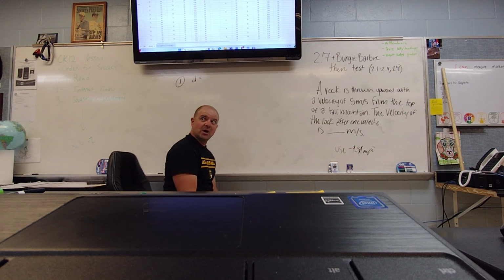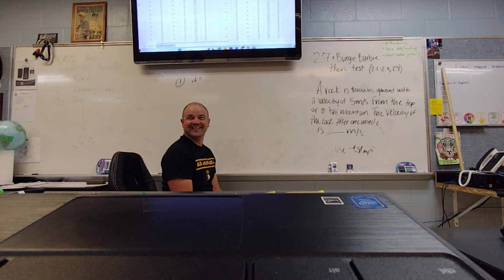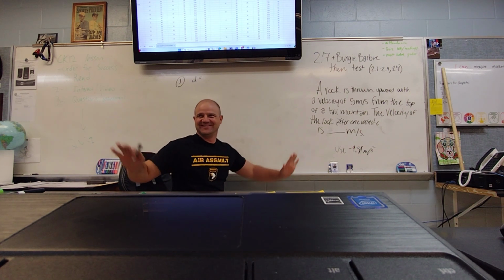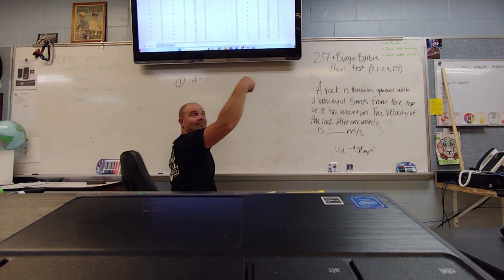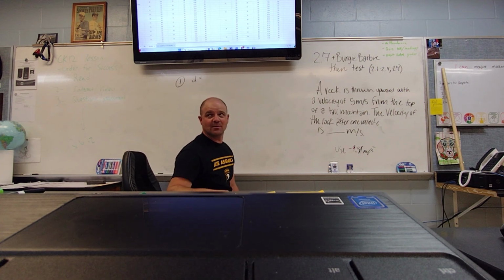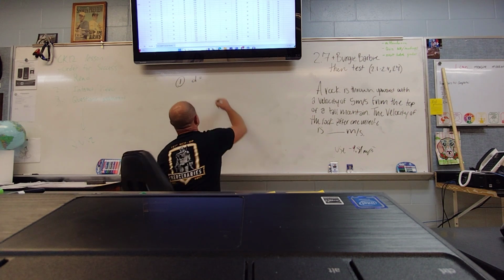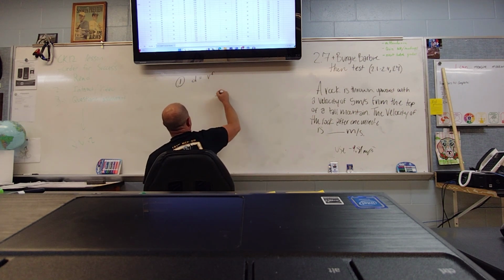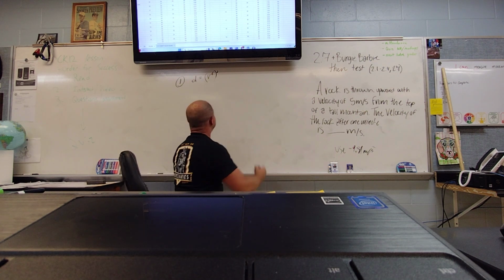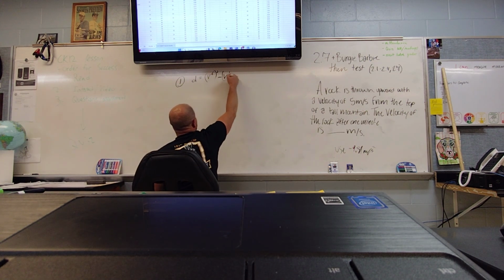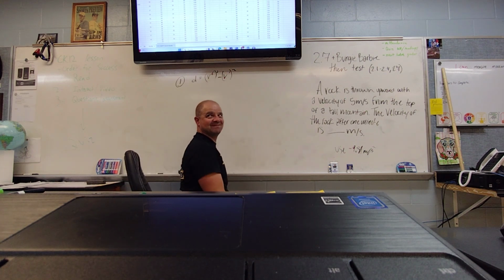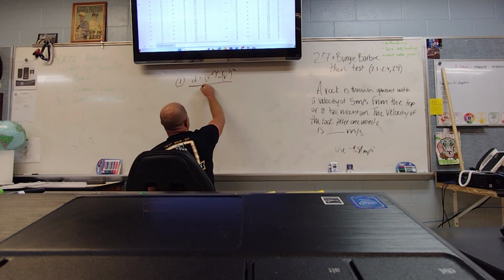Displacement is equal to what? D equals (VF)^2 minus (VI)^2, over 2A.